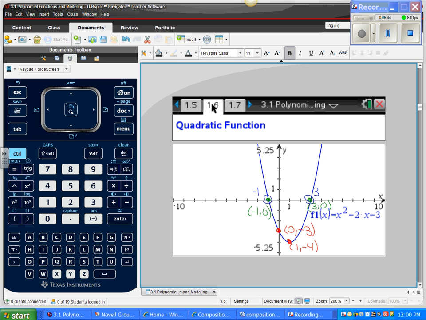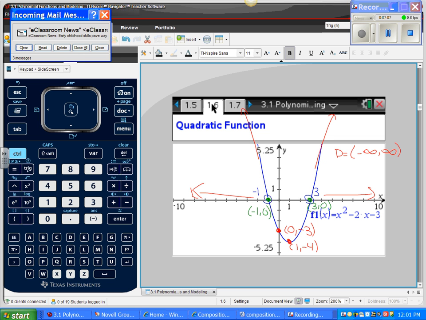Maximum, well, since this is a quadratic and it has a +1 for a leading coefficient, we're not going to have a maximum. We're only going to have a minimum. My domain. My domain is all the x values being used. And since we know that this expands out forever, we're going to continue to use x values as we go. That domain is going to be from -infinity to infinity.